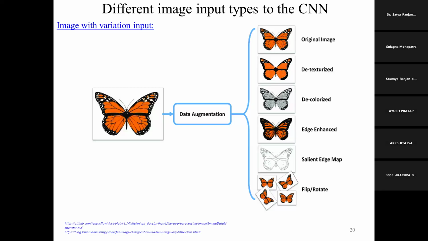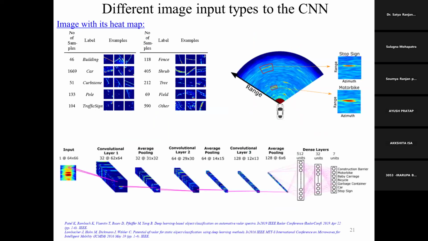Ma'am, one doubt: we are dividing the images into certain pixel areas to feed into the CNN, right? Like a picture of a bird, we divide it into pixelated areas, where white values are one and black values are zero for understanding.